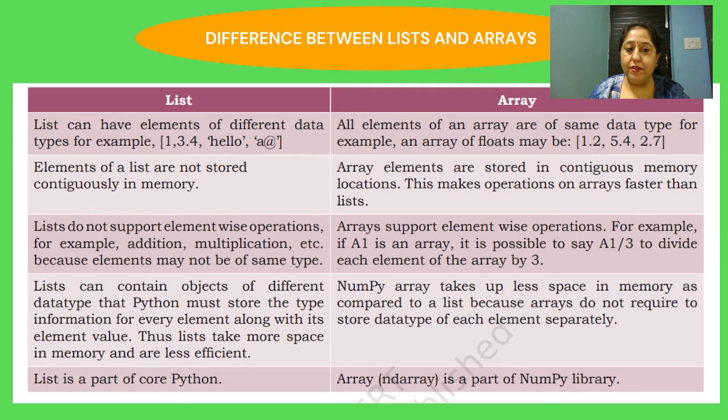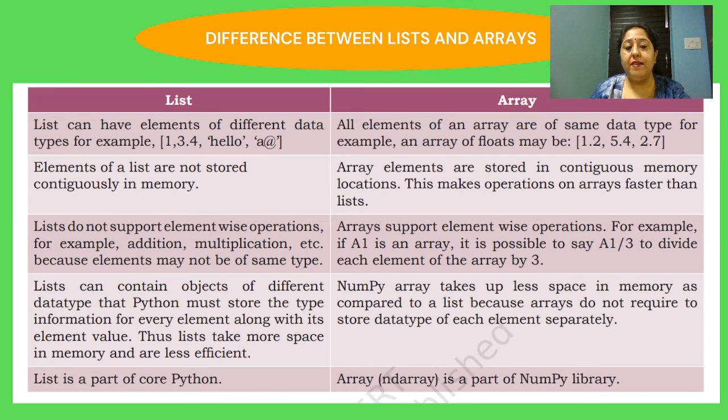For example, here you have a list which consists of first element as integer, second element as float, that is 3.4, and third element as a string as word hello. But all the elements in an array are of the same type. For example, you can have an array of floats, or you can have an array of integers, but you cannot have mixed values in an array. It always contains homogeneous values.